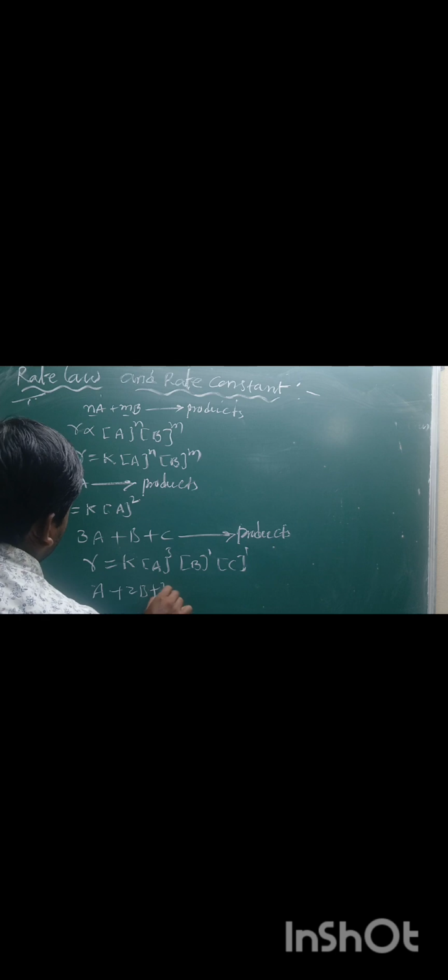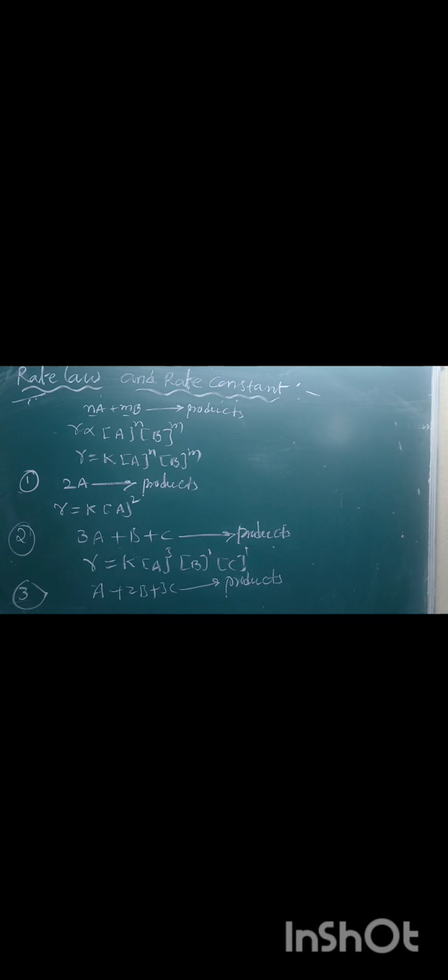This expression is called rate equation. A plus 2B plus 3C gives rise to product. What is the rate equation here? R is equal to K into concentration of A power 1, concentration of B whole square, concentration of C power 3.